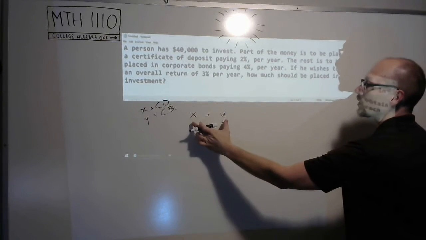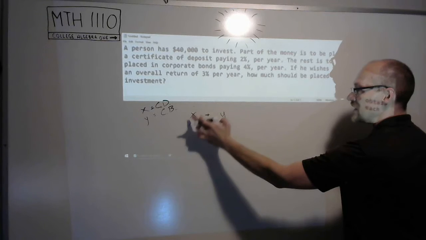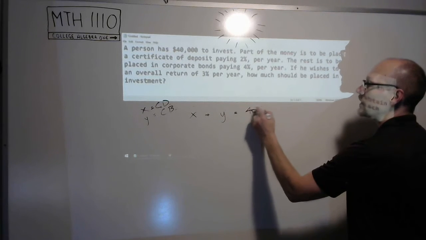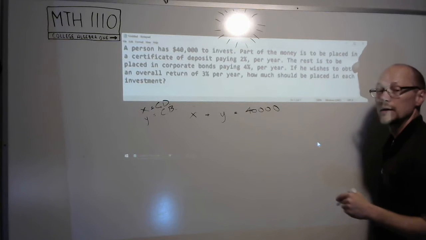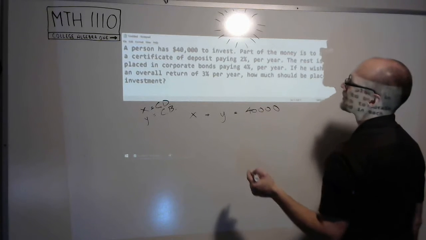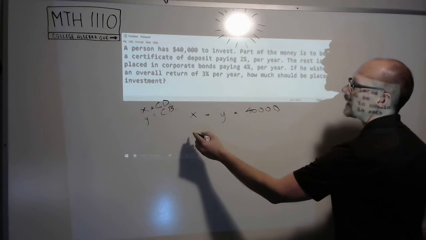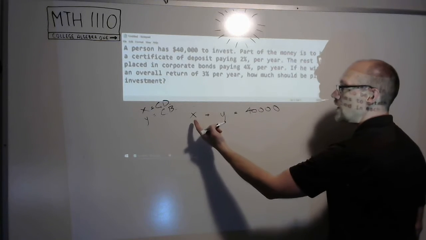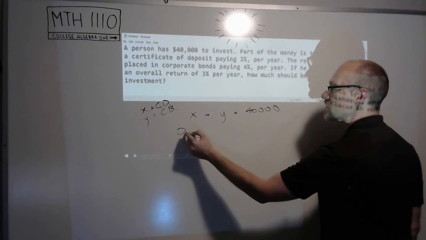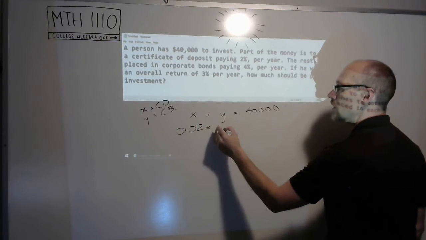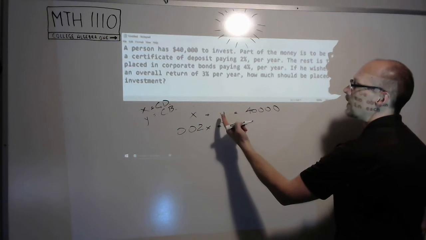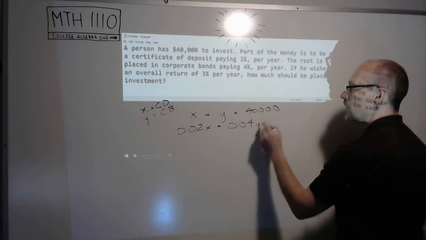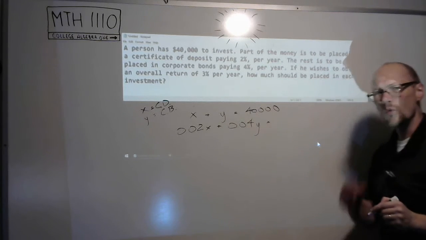We know the total amount that is in the CD and the total amount in the corporate bonds has to be 40,000, right? But the next thing is we know that we want the CD to be paid out at 2%. So 2% of this total amount combined with 4% of the money in the corporate bond needs to equal what?